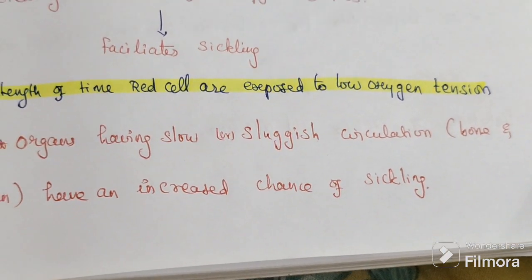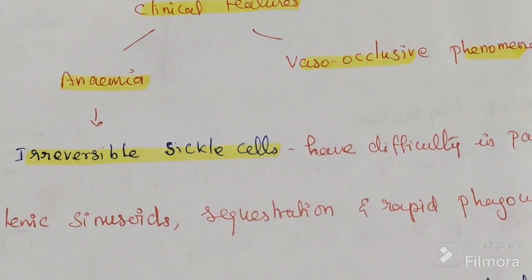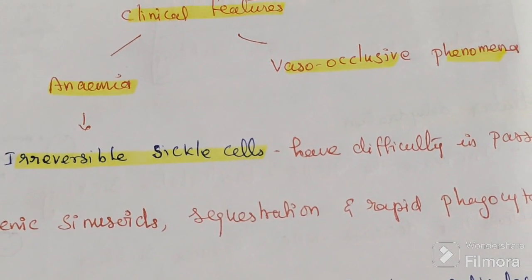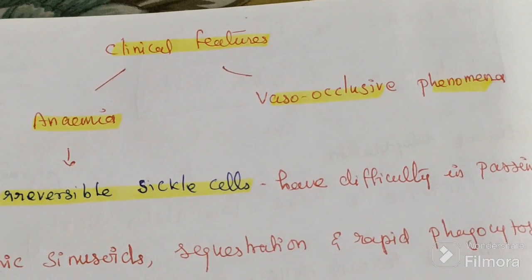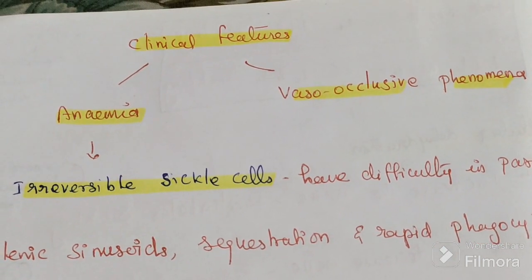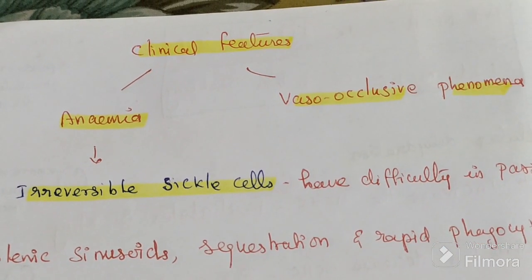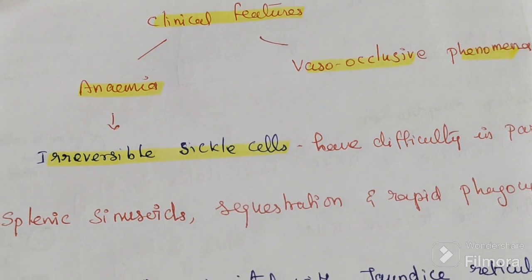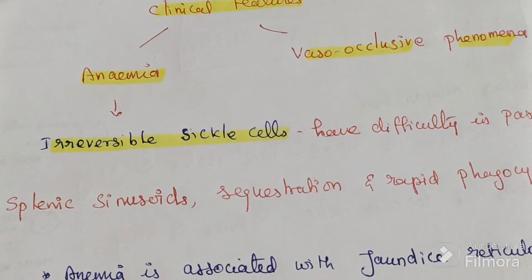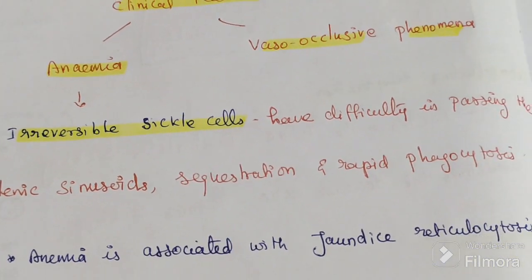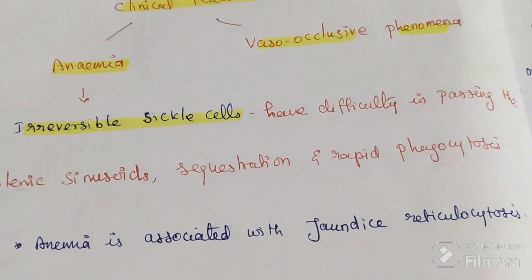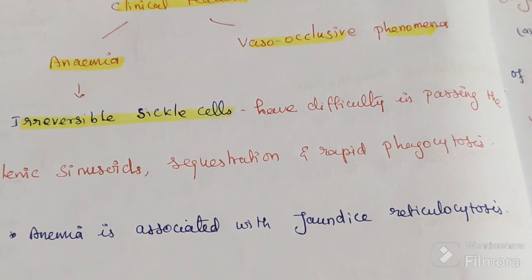Next, clinical features in sickle cell anemia. There are two types of clinical features: anemia and occlusive phenomena. Anemia occurs when irreversible sickling takes place.